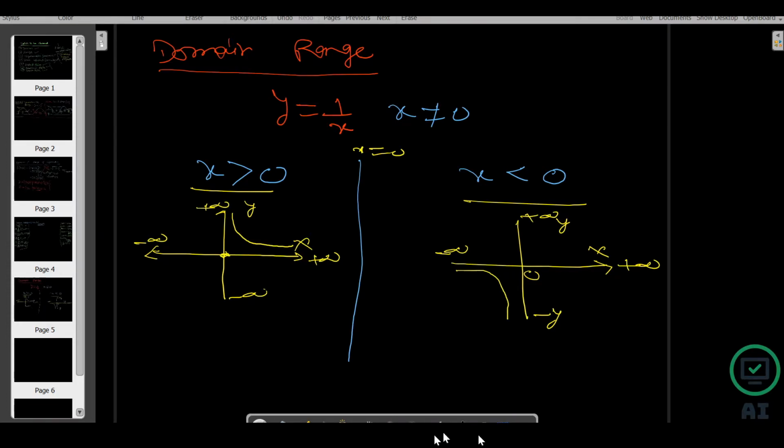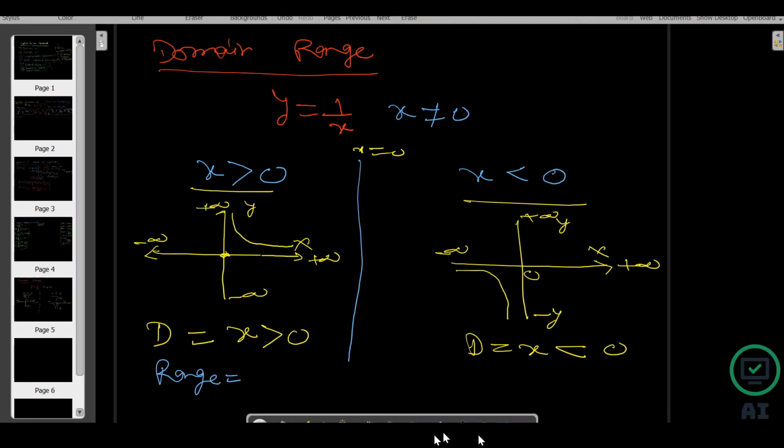So can you tell me what is the domain of this one? Domain of this is x greater than 0. So x is taking values from 0 till plus infinity. For this, what is the domain? Here x is less than 0. Now the important thing is, what is the range? What is the output for this one?